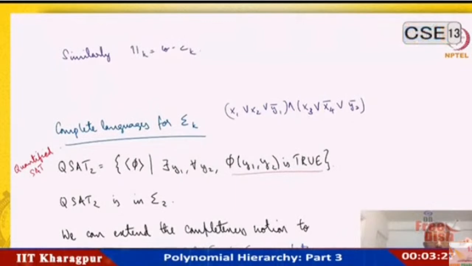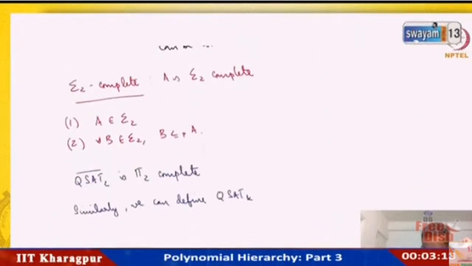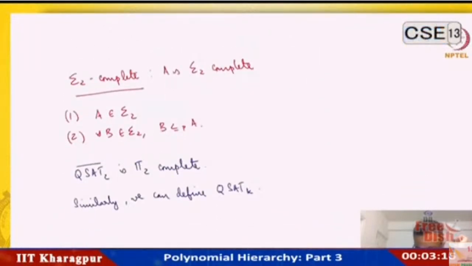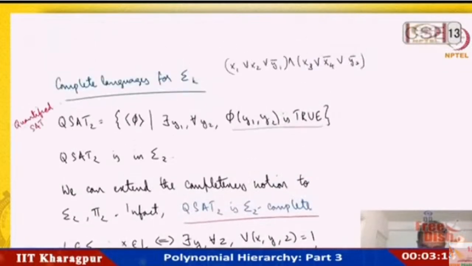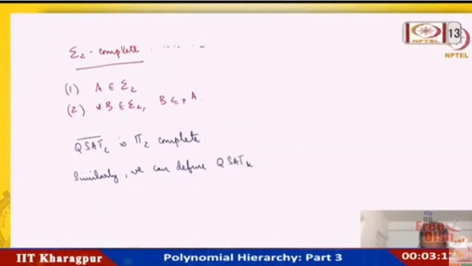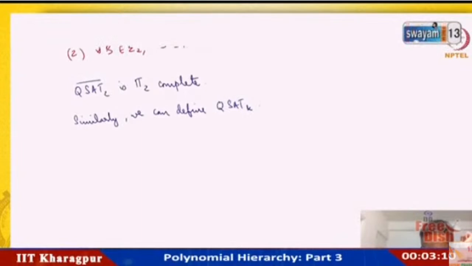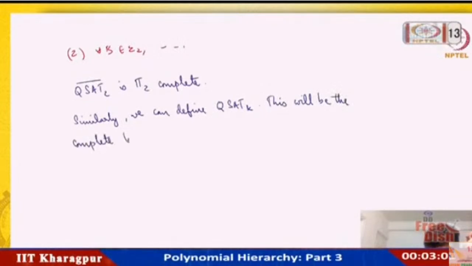But in QSAT-K we will have k such things, there exists for all, there exists for all, and ending in there exists or for all, depending on whether k is even or odd. So QSAT-K can be defined. And that will be the complete language for sigma k.